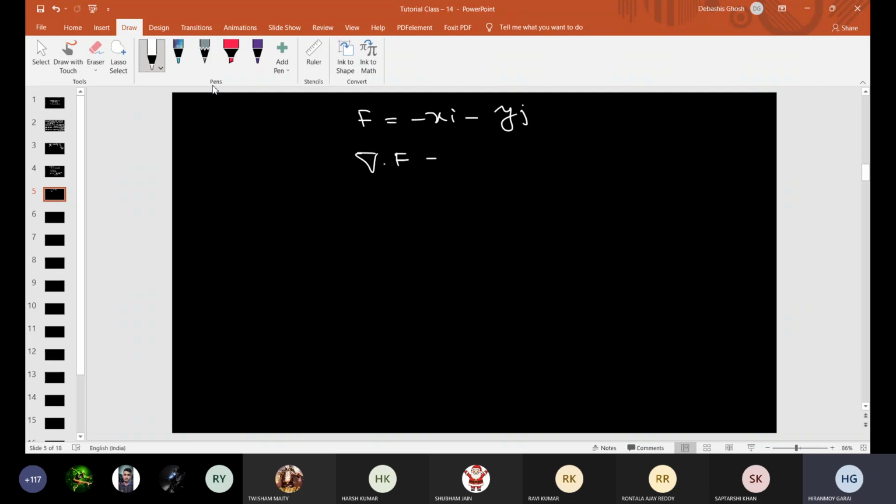It comes to be -2, and that is negative. Because it is negative, that means the flow lines are going to shrink to the source, or shrink to the origin.